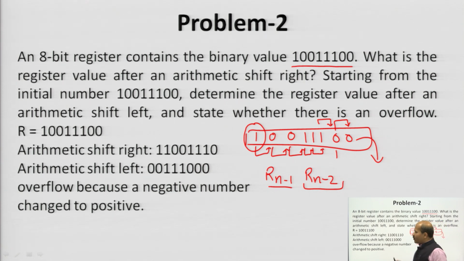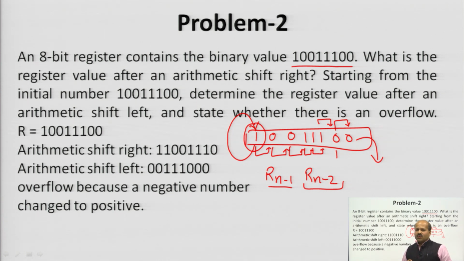So, when you are going to perform right shift operation, that means arithmetic right shift operation, the Rn minus 1 bit will be shifted 1 bit position towards right and will become Rn minus 2 bit. And what will happen in the position of Rn minus 1? So, this bit will be transferred as it is to the same position. So, Rn minus 1 will become Rn minus 1 as well as it is shifted towards right 1 bit position.